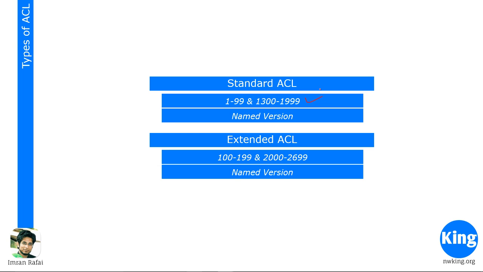They have nothing to do with priority, just because standard ACL 1 has no more priority than standard ACL 2. This is just the name. We can also have a regular name for these access lists. That's also possible. Similarly, extended ACLs are ACLs with numbers 100 to 199 and 2000 to 2699, and of course you can have a named version of these ACLs as well.